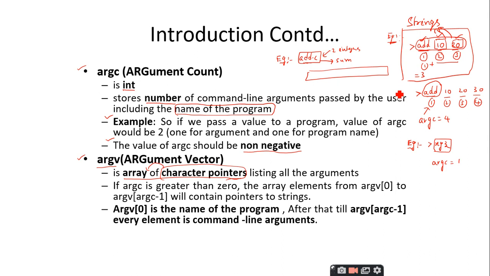You should keep it in mind that whatever we give in the command line, everything will be stored in the argument vector and everything will be stored in the form of strings. But how can you add a string of 10 with a string of 20? This will not happen. You cannot use the addition operator, that is the plus symbol, between these strings.